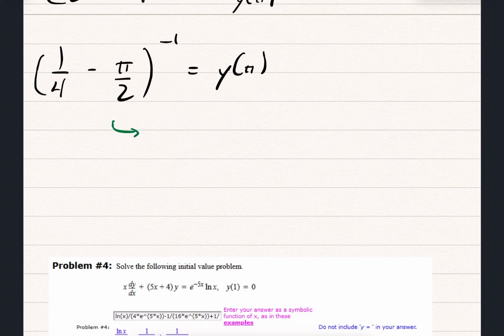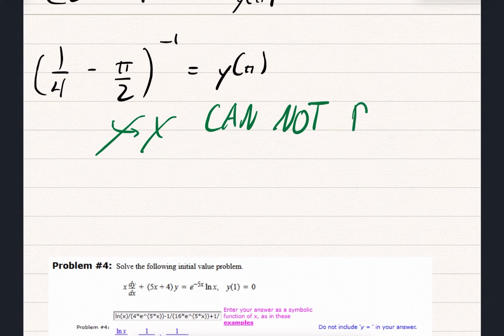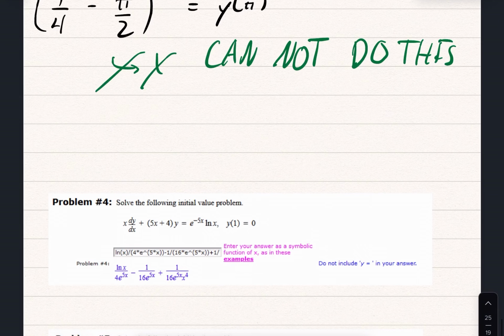You cannot do this. You cannot do 4 minus 2 over pi. Do not do that, because there will be a multiple choice answer that is like that, because they want you to fail. Do not do this.